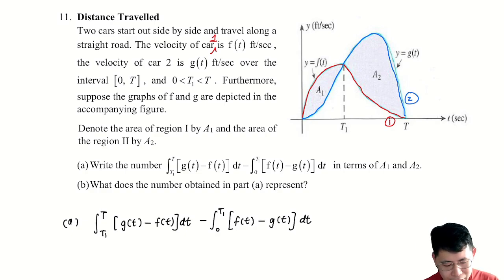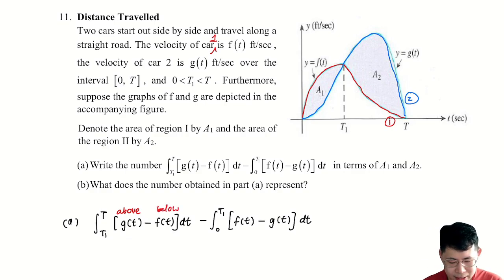So this is just the velocity. The area of region 1 is A1, and this region is A2. So write down this term in terms of A1 and A2. So what does each of these integrals mean? Let us dissect directly. For the first one, it will be g(t) minus f(t). So g(t) should be the one above, f(t) should be the one below.